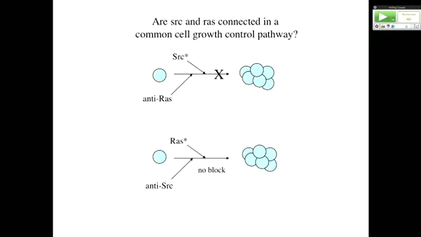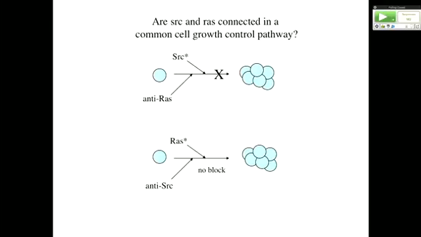We have two tools in hand. We have an activating mutant form of each of these viral or oncogenic forms of the protein. So we have an oncogenic SRC, which is hyperactive or constitutively active. We have an oncogenic RAS, which is constitutively active. Okay.